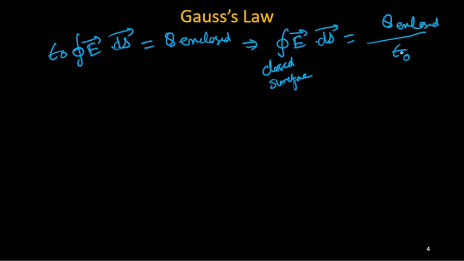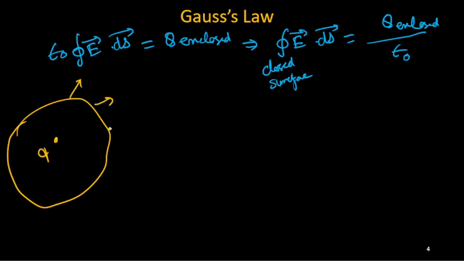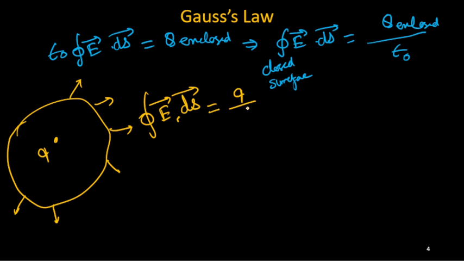We can use either of these two, and using them we can find lots of applications. Now it is important to understand, suppose you have one charge q here, and you consider one closed surface, and the electric field could be on all sides. It could be perpendicular, or it may not be perpendicular, depending on the position of q. But whatever it is, the dot product E dot dS and its surface integral will equal small q upon epsilon naught.